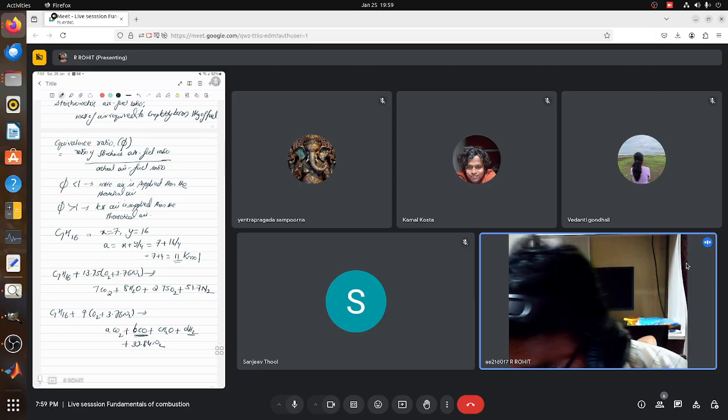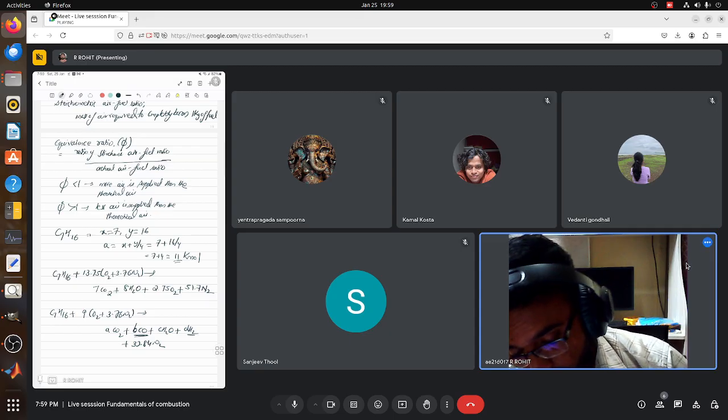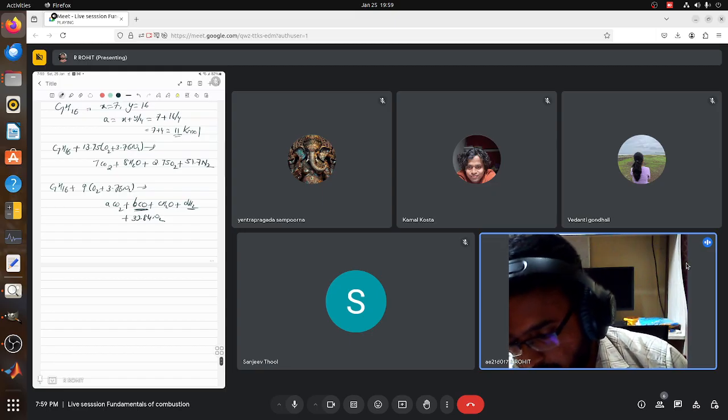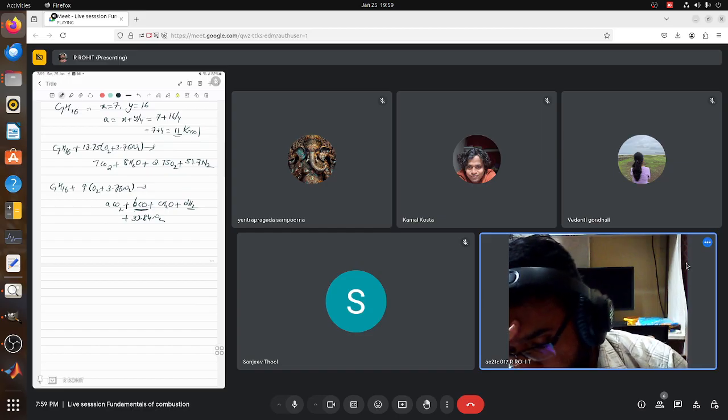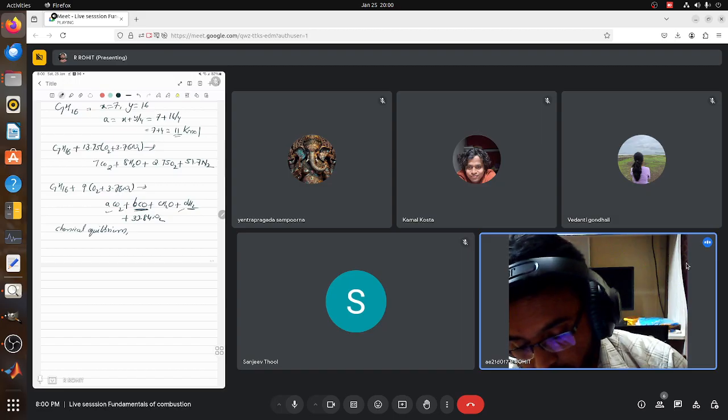So finally, we use some chemical equilibrium theories to understand this. Here you saw there are some A moles of carbon dioxide and B moles of carbon monoxide. To calculate the values of A and B in this particular equation, we use a concept called chemical equilibrium, which will be dealt with in detail in the second week lectures, and this is based on nothing but your second law of thermodynamics.